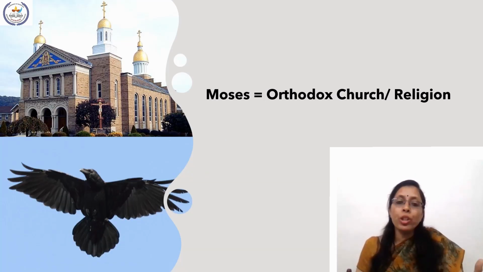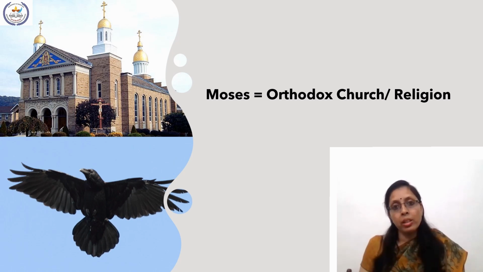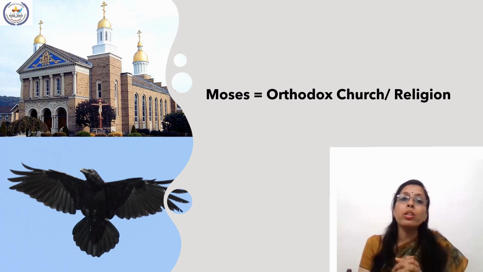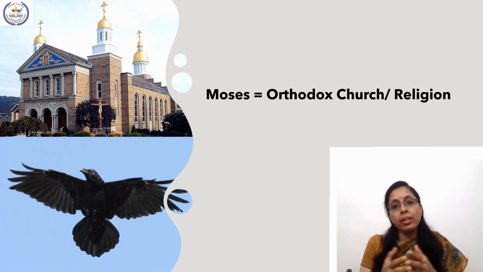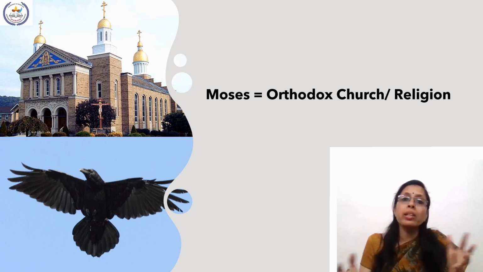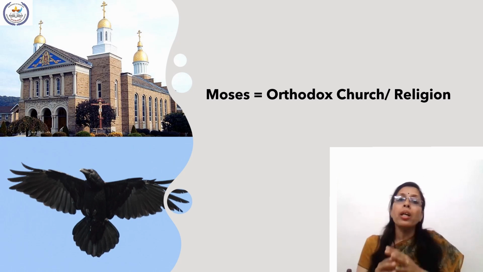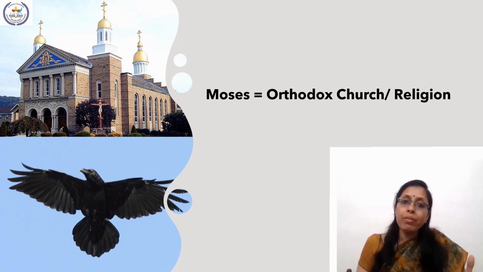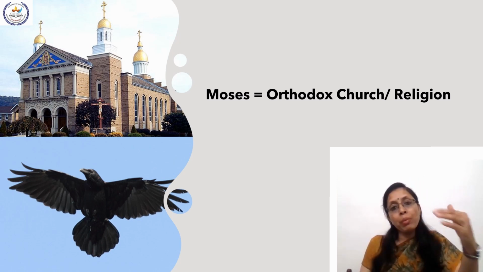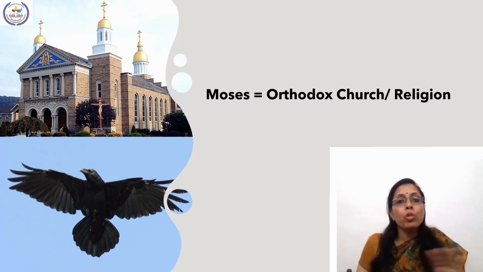Then we have Moses. We have this bird Moses, and this bird Moses represents the Orthodox Church or religion in general. So Moses is a bird who always talks about the imaginary place called the Sugar Candy Mountains, and he says that on the Sugar Candy Mountains, everything is so pleasant and beautiful, and you get so many things to eat, and you lead a very comfortable life there. So he gives this hope of a Sugar Candy Mountain. So initially when Moses is there at the beginning of the rebellion, they drive him out and they don't listen to him.